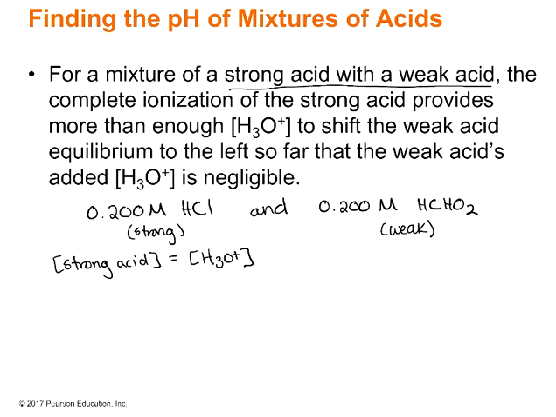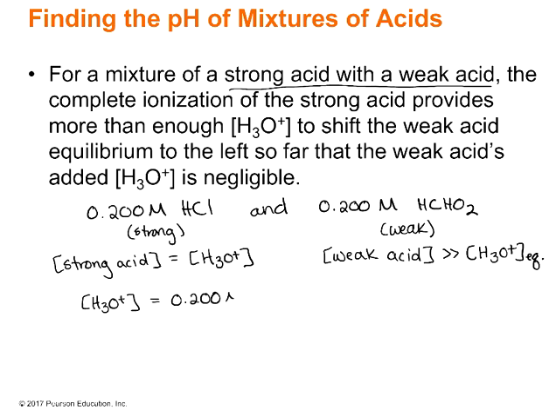And then we said previously that the concentration of a weak acid is much, much greater than the concentration of hydronium ions at equilibrium. So for the 0.2 molar HCl, the concentration of hydronium ions is equal to 0.2 moles per liter.